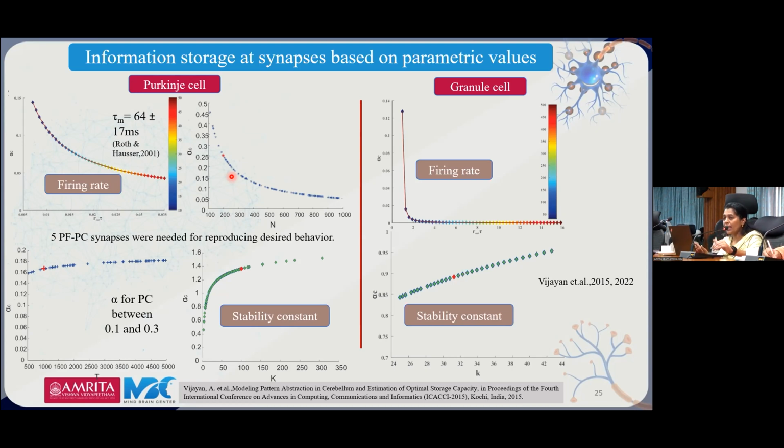In the case of granule cells, we could see that the storage capacity was very limited, and after a set of firing itself, the storage capacity reduces very drastically.